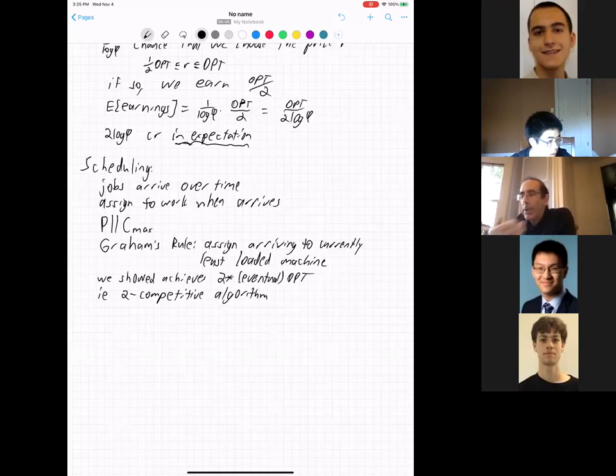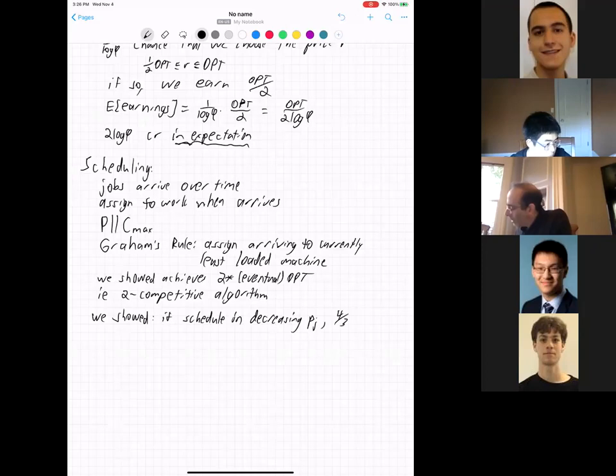Now, Graham's rule was only the start of our approximation algorithms work, right? We also showed, or at least I claimed, that if you schedule the jobs in decreasing order of processing time, you actually get a 4/3 approximation.